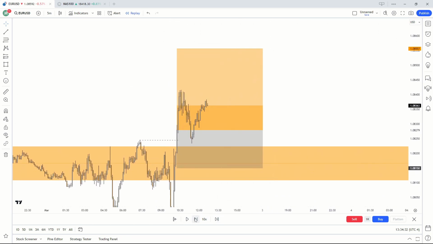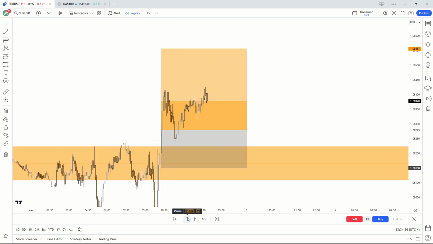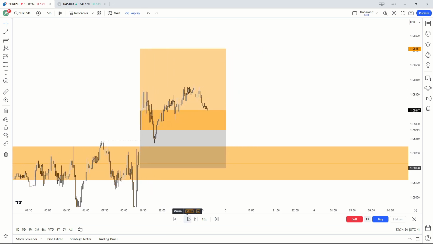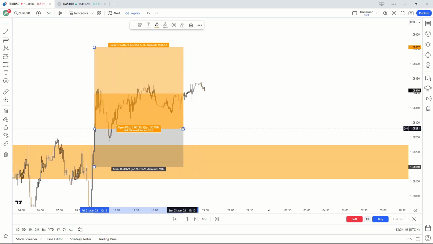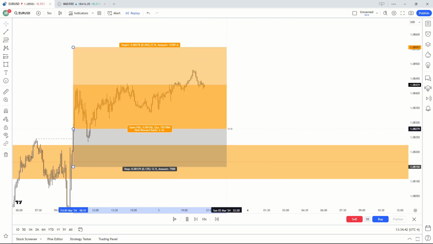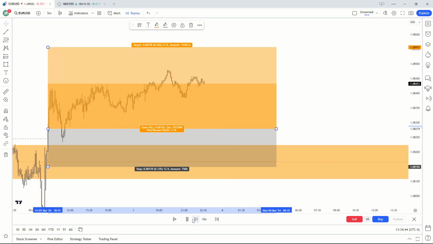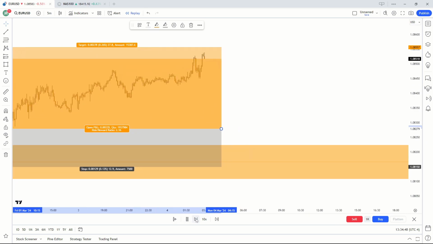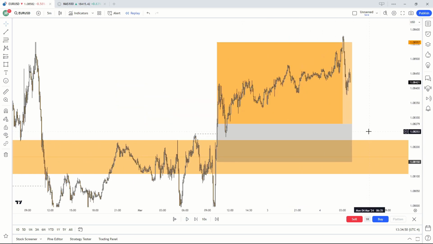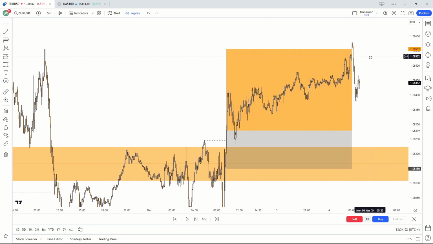However, if I do play out market, we do end up taking profit. So let me just speed this forward for you guys. Now, as you guys can see, we do end up taking full take profit and a little bit more.